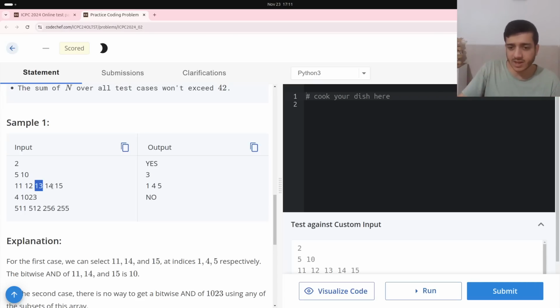So we only choose elements in our subset that have all the bits that k has.